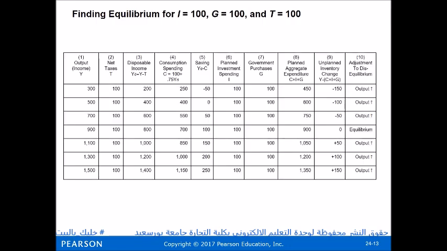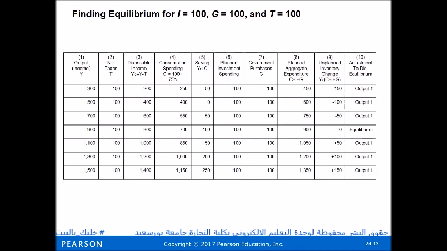The table we have here gives us a numerical example of determining the equilibrium level of income, assuming that investment I equals 100, government spending G equals 100, and taxes T equal 100.